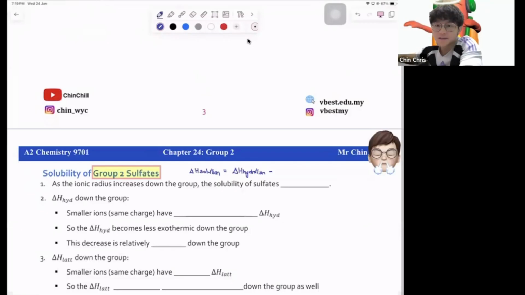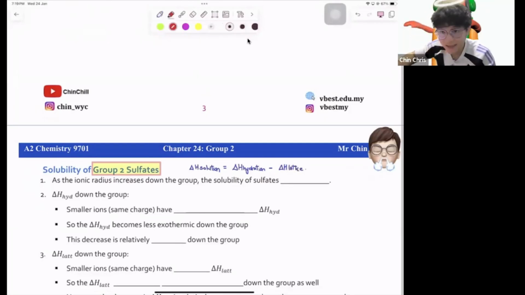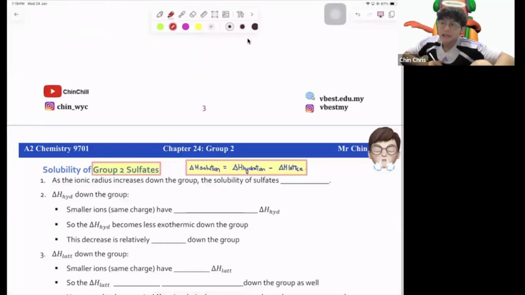Minus delta H lattice. Done. Alright guys, highlight this entire equation: delta H solution equals delta H hydration minus delta H lattice. I haven't done this equation with you guys, but I believe your lecturer at Taylor's has already done it. Please write it down.